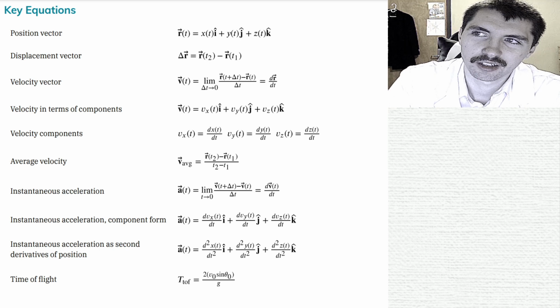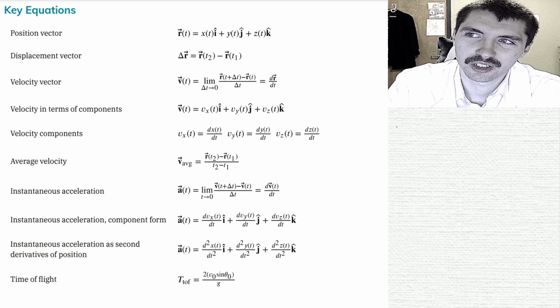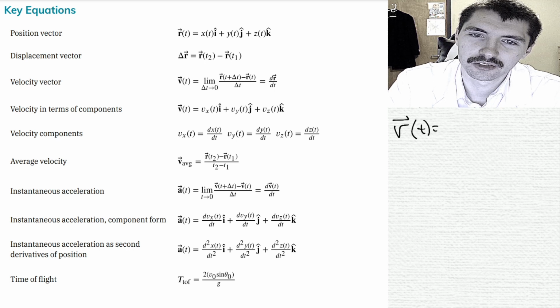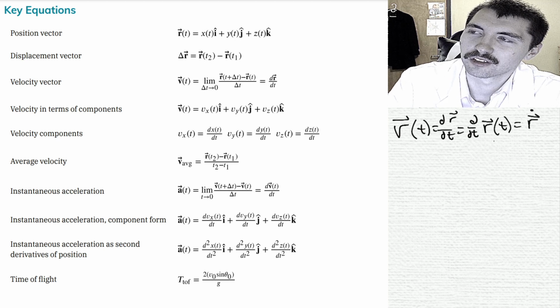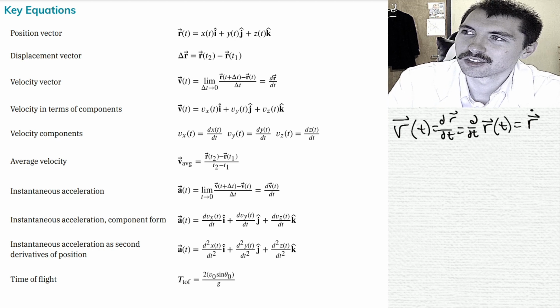I wish the book did all that and defined it as this. You could just write it as that. You could use Newton's notation, saying vector r, the dot of that.